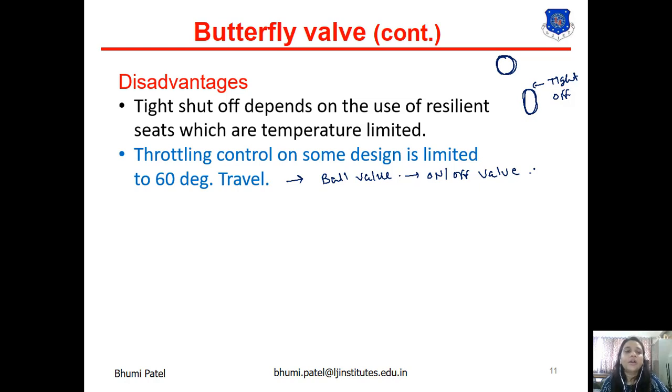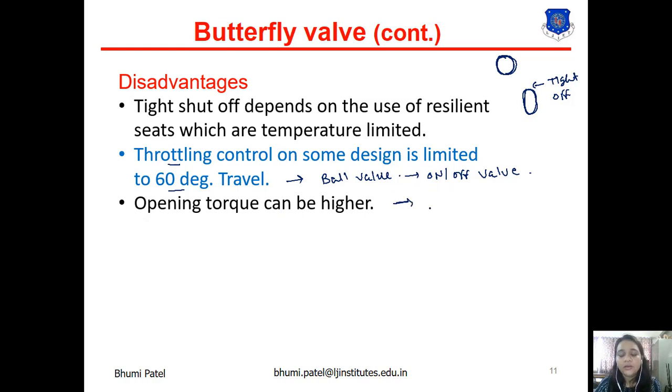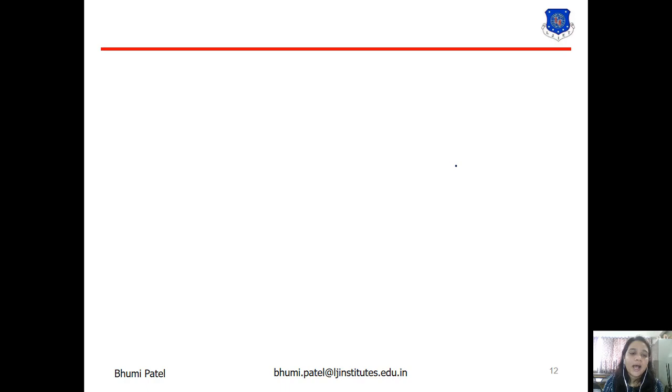We cannot control the flow. So in some designs the throttling control is a problem and it is limited to only 60-degree travel. Now the opening torque can be higher. Whenever we turn on the valve, the opening torque required is high.